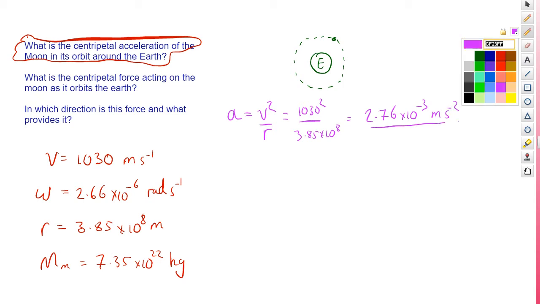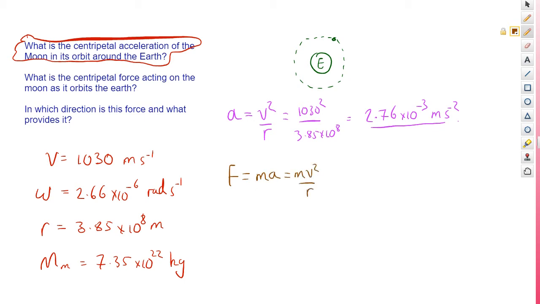Perhaps more interesting is to look at the corresponding force. We just plug in F equals ma, or mv squared over r, so we multiply by the mass of the moon. That's 7.35 times 10 to the 22 times that acceleration, and that gives us 2.0 times 10 to the 20 newtons.